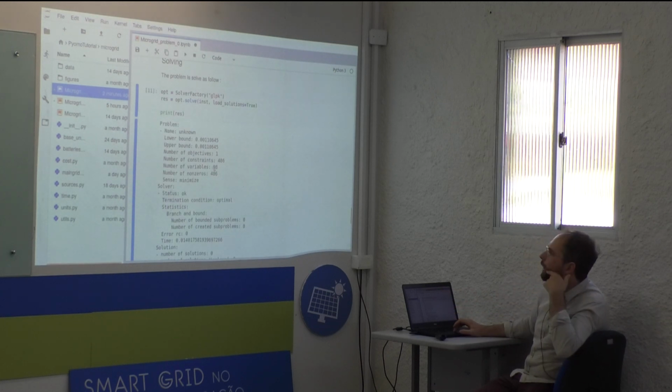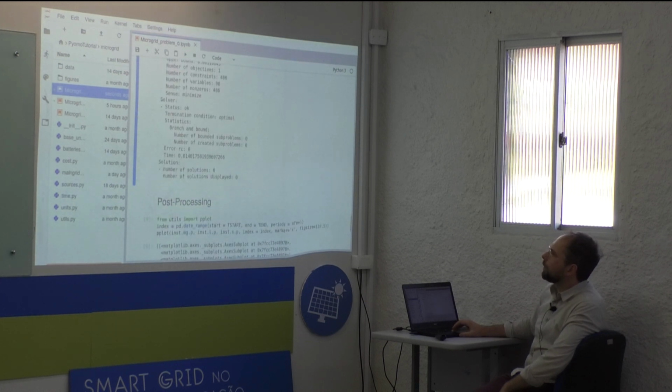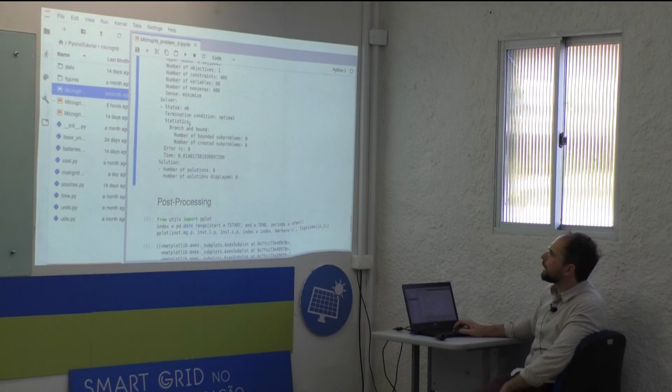So it's 98. I have a lot of constraints actually, almost 500 constraints, so it's quite a lot. And here is the output of the solver: the status is okay, termination is optimal. Here are some statistics, and the time is quite quick to process.